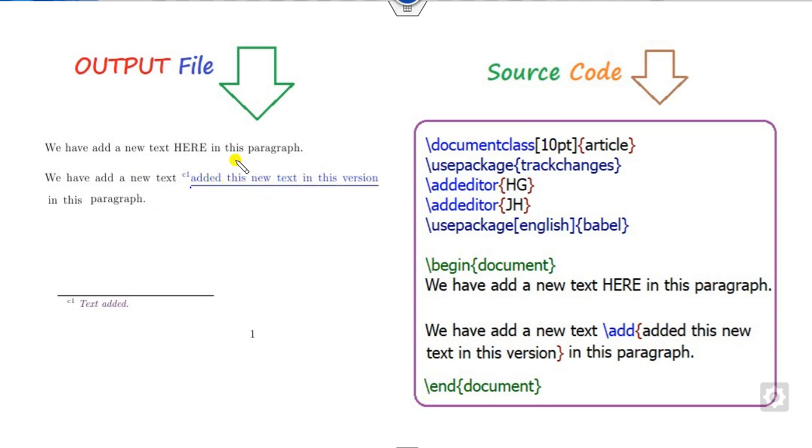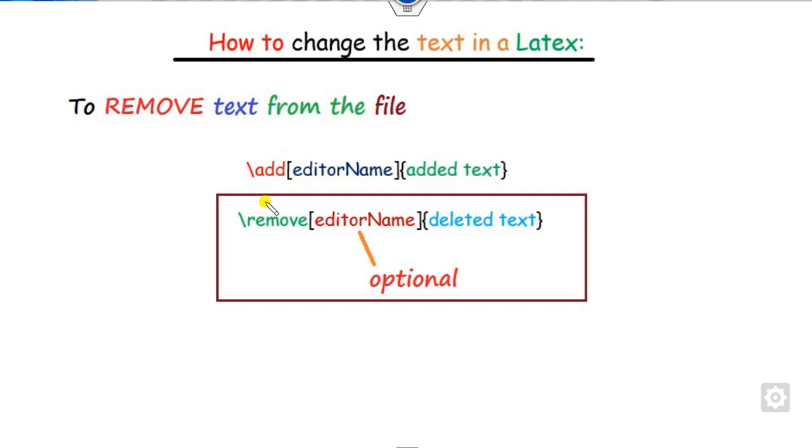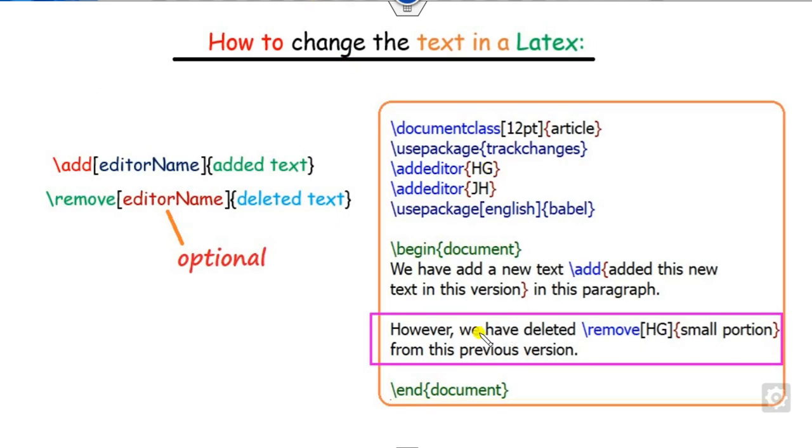Similarly, if you want to remove text from the file, you have to use the word remove, the editor name, and the text to delete. Again, the editor name is optional. For example, in the previous file, I have deleted this small portion. Whatever you have written in these curly braces will be deleted from the final file, and this is the editor name, which is again optional.